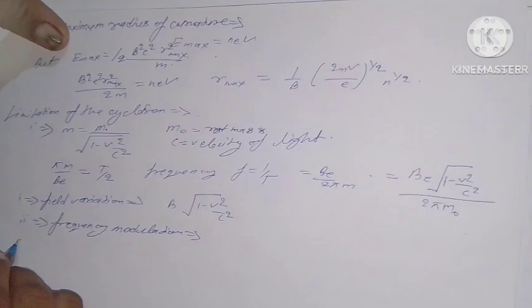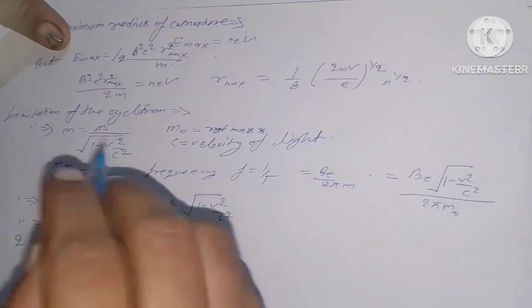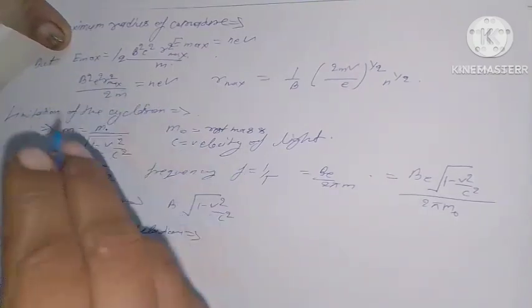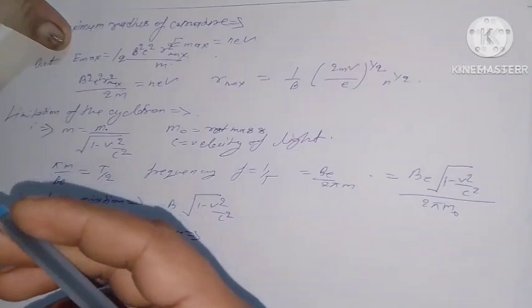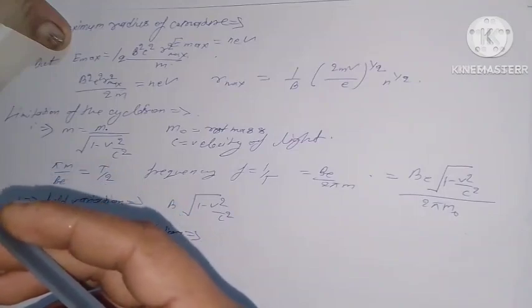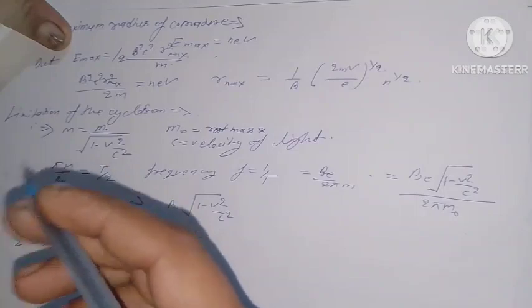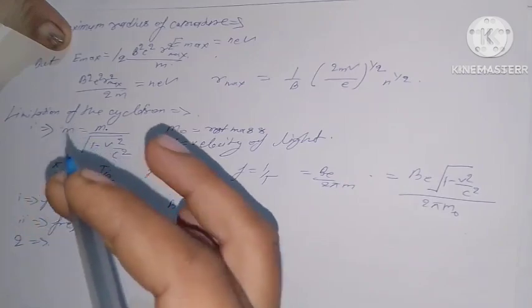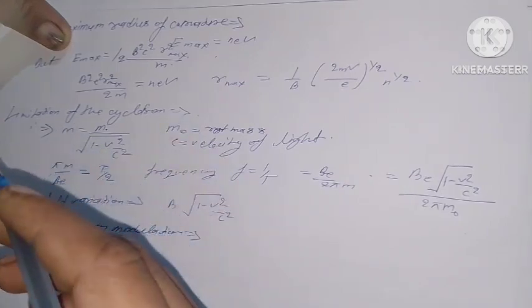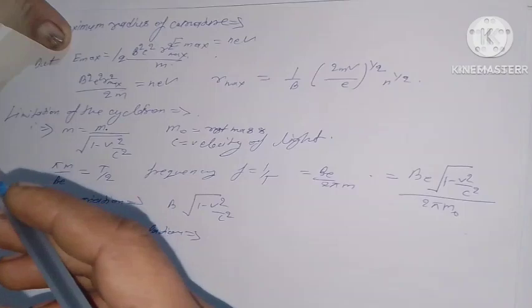Okay? Second point. A cyclotron cannot be used to produce high energy electron beams. The reason for this is that there is an appreciable increase in the mass of the electron at a fairly low energy.